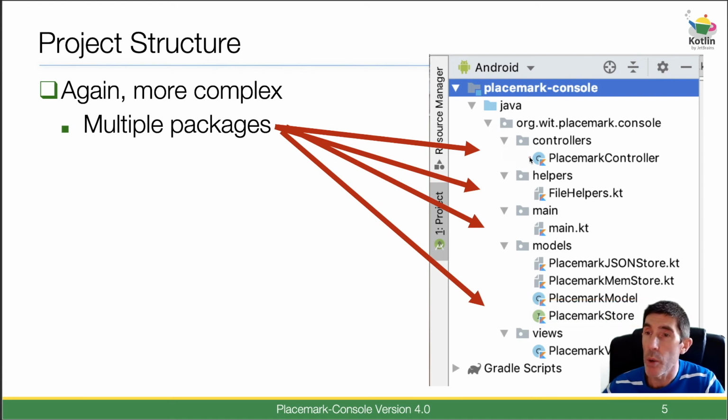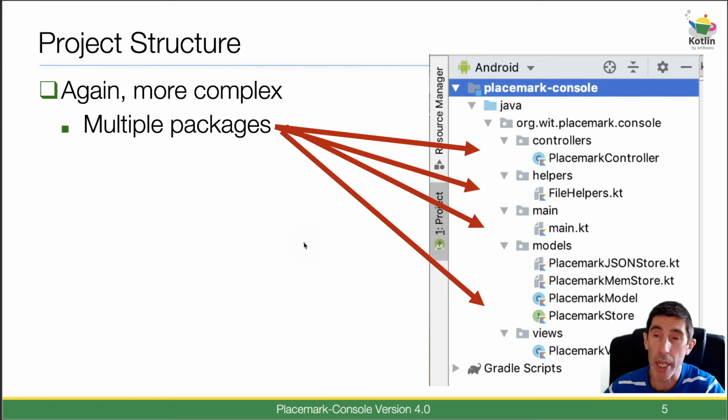We also have a helpers package with a file helpers file stored inside it, which is just a list of functions to help us read and write that JSON file. We'll look at that soon enough.